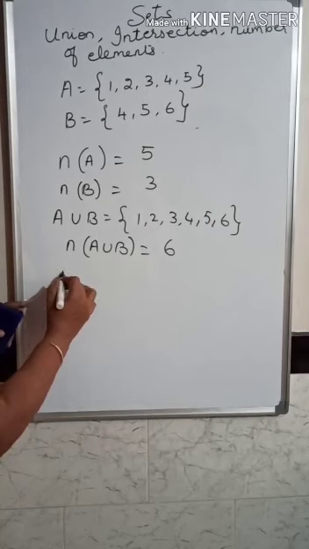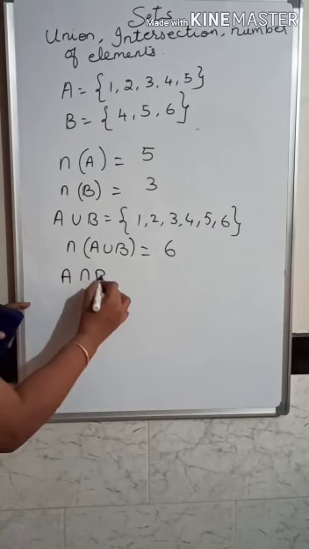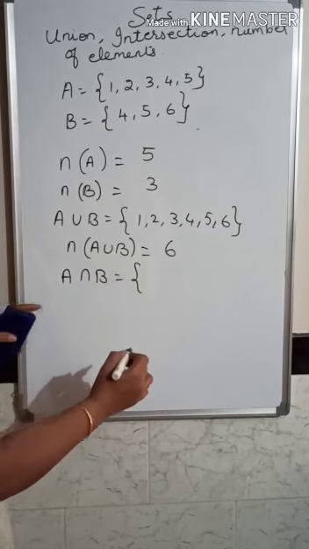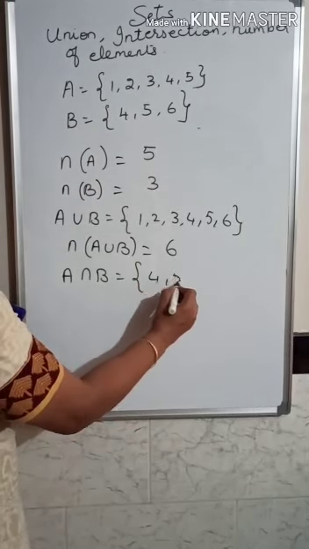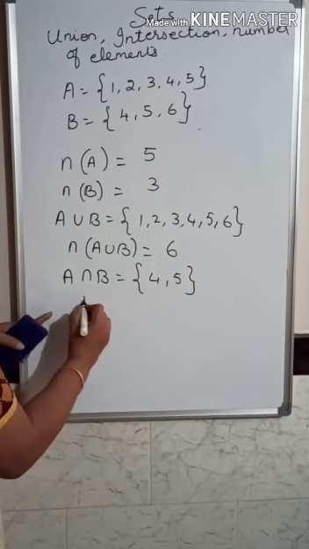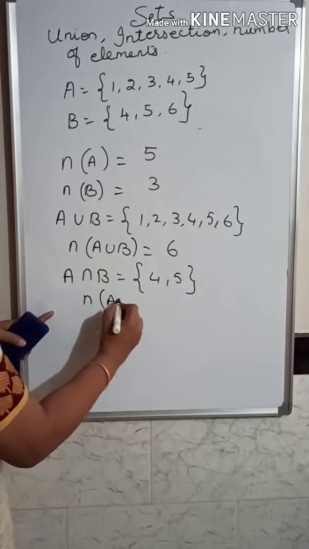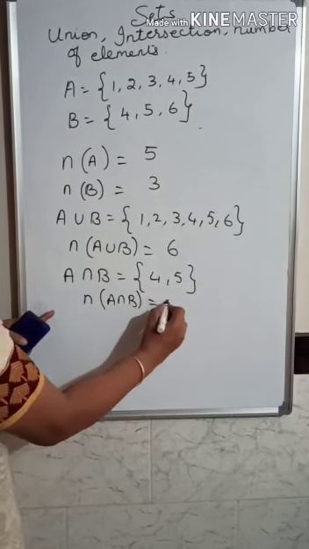Now let us find A intersection B. The common elements from these two sets are 4 and 5, and the number of elements in A intersection B is equal to 2.